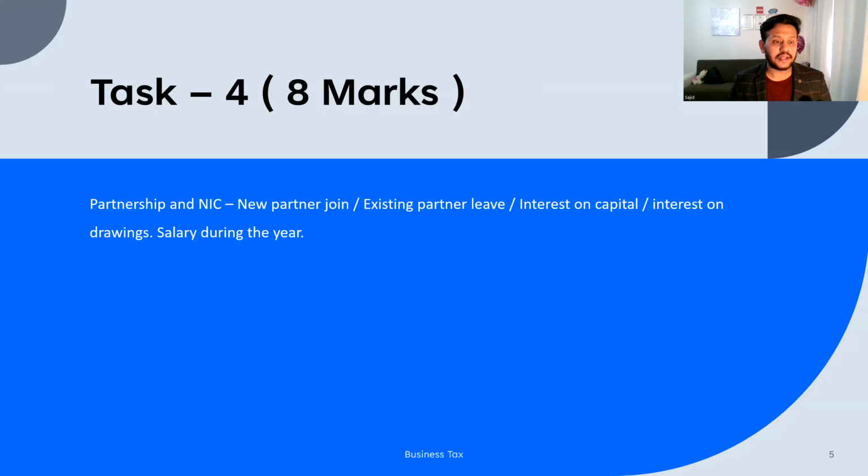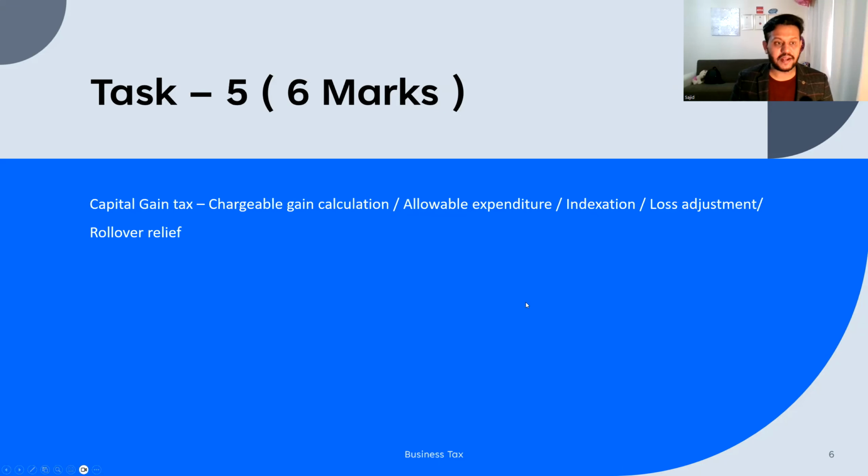The next one we're looking at here, tax number 5, that will be capital gain tax. Another tricky area, you need to make sure you remember all the rules for the capital gain tax. Remember that if it is a limited company, then we will have to do extra calculation for the indexation. Normally individuals are not allowed to get the indexation, but we have to remember that indexation is stopped from December 2017.